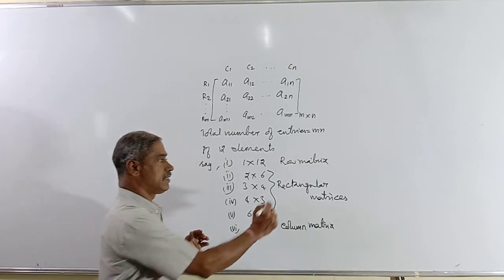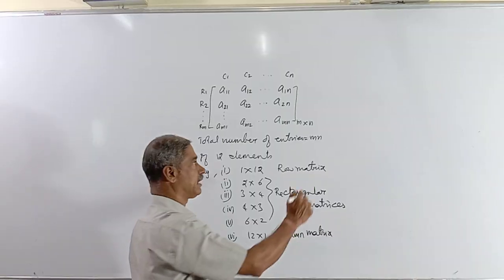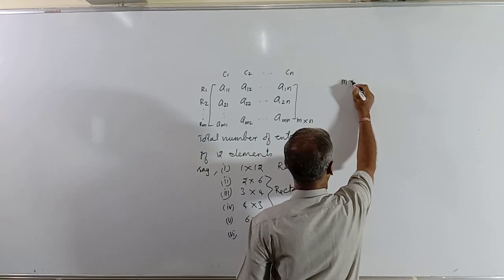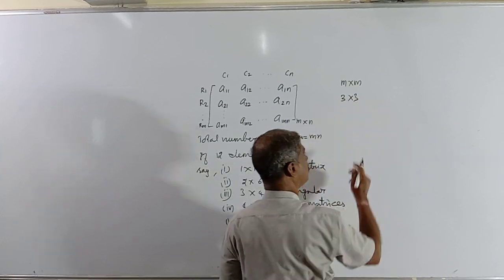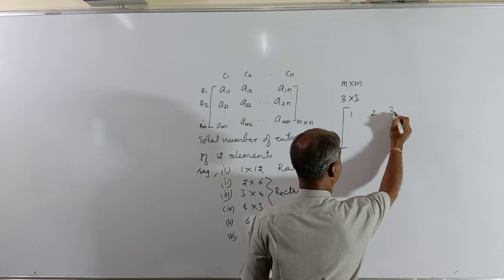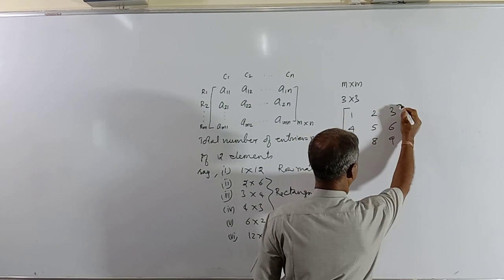We can especially say that in both cases, the number of rows and number of columns are bigger. Say m by n. For instance, we are taking these elements.